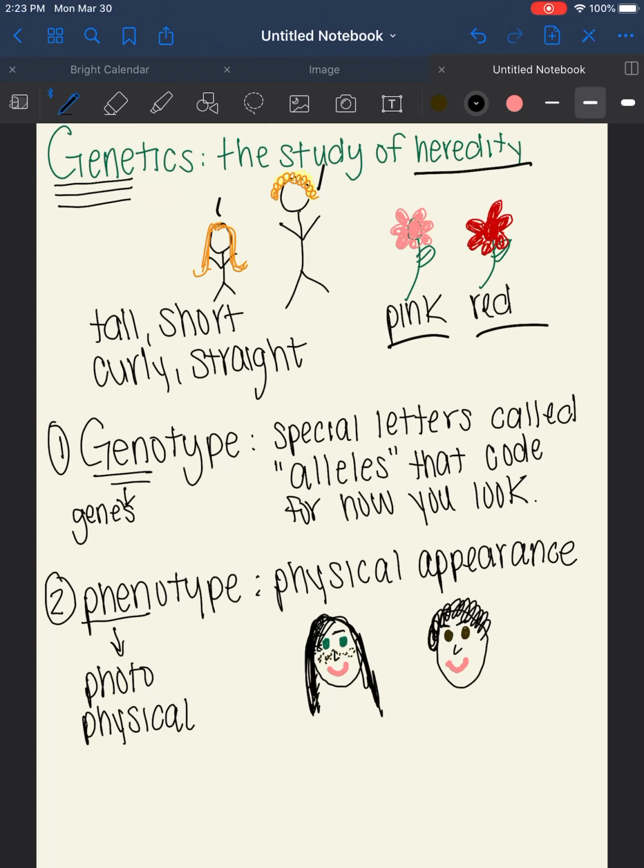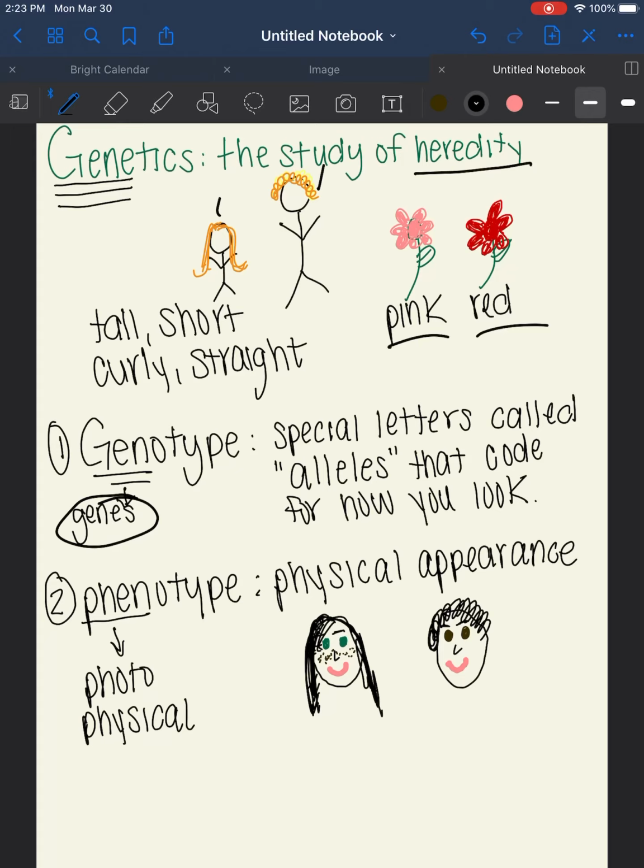The first of the vocabulary words you need to know is genotype. If you look at the beginning, geno, it sounds like your genes, right? So what are your genes? Your genes, or your genotype, are special letters called alleles that code for how you look.